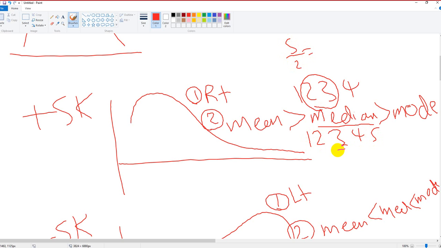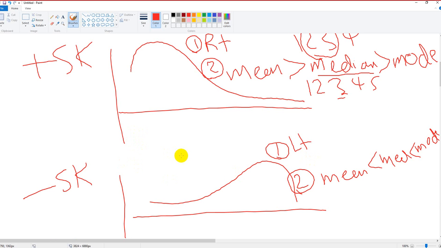The mean is more than the median, more than the mode, and it actually makes sense. With a positive skewed distribution, the mean will be here. Let's see, I will differentiate them according to size, and the median will be just like here, as an example, and the mode will be here.